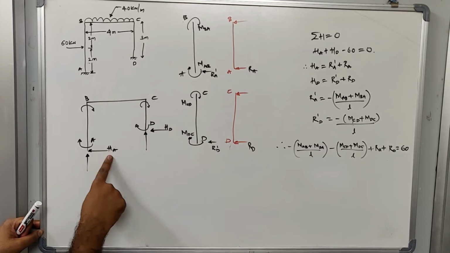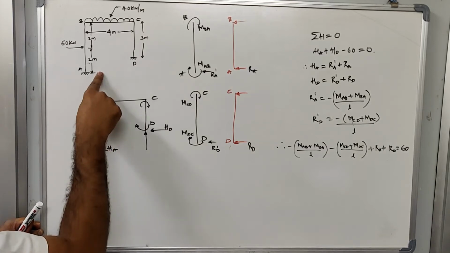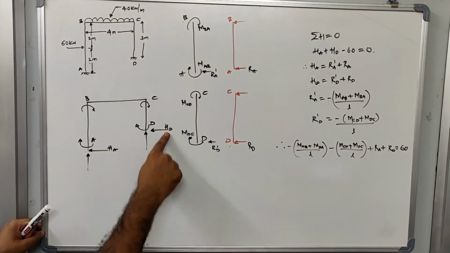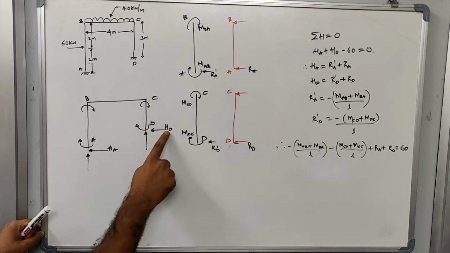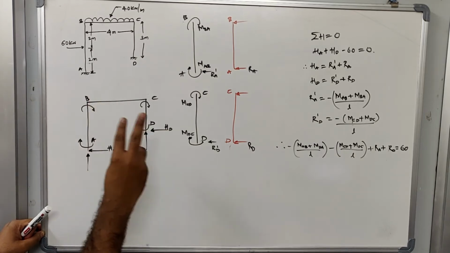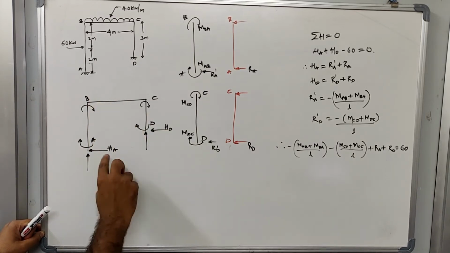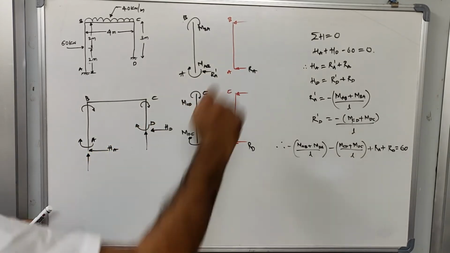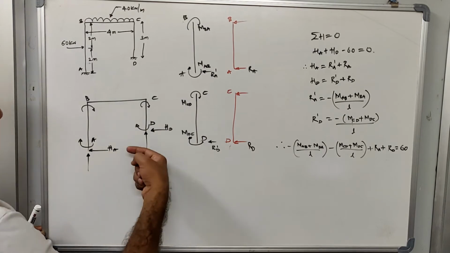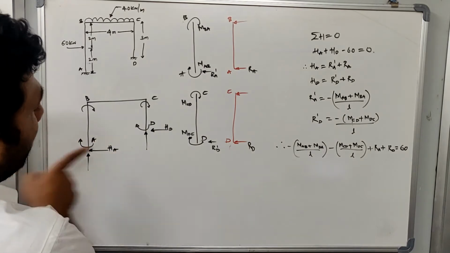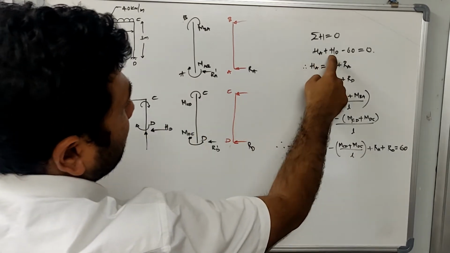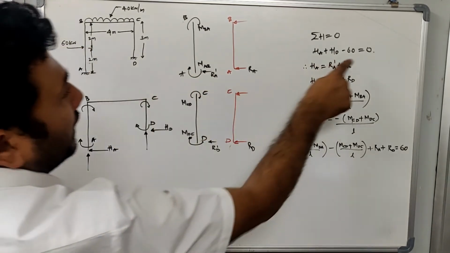HA represents the horizontal reaction developed at A, and HD is the horizontal reaction developed at D. Once you know there are two reactions generated, you can formulate your summation of horizontal force equals to 0 equation. We consider this direction as positive and this direction as negative. So HA plus HD minus 60 will give you 0.